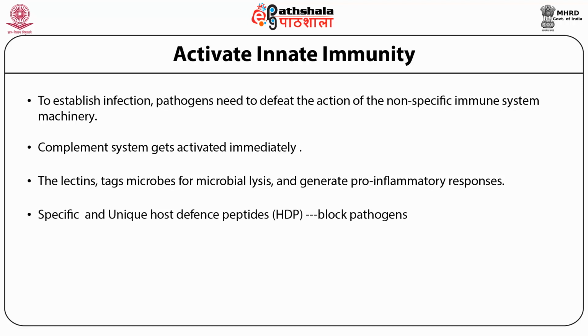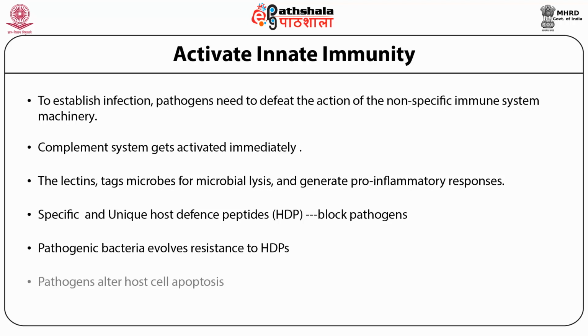Specific and unique host defense peptides are present, and they are blocked by pathogens. Pathogenic bacteria evolve resistance to these host defense peptides present on the host, and these pathogens alter host cell apoptosis through these peptides.